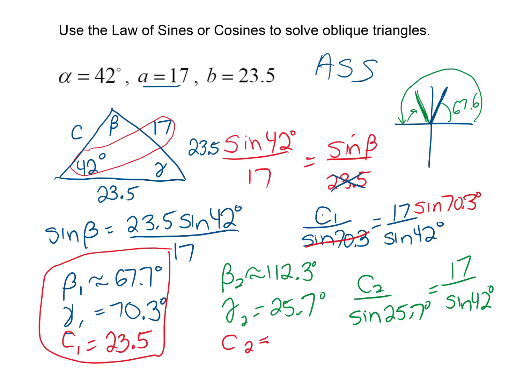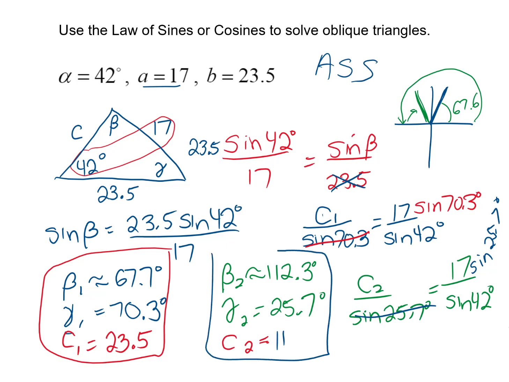Okay, we can just multiply this sine 25.7. And now it's a matter again of punch buttons. 17 sine 25.7 divided by sine 42, and that rounds to 11.